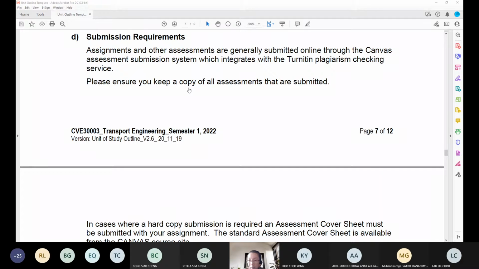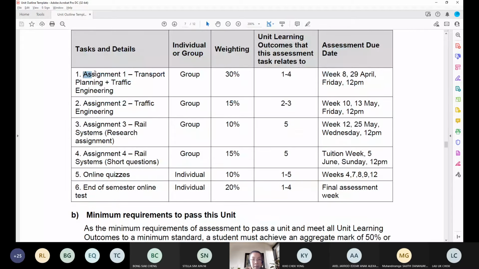All right, there's another question. Do we have to use Civil 3D for the assignments? Not necessarily, but you can, because in assignment 1, one of the things that you'll be doing is geometric design for your intersections.